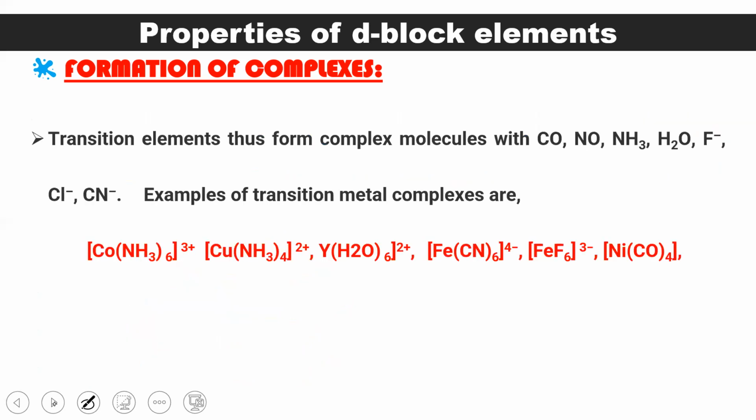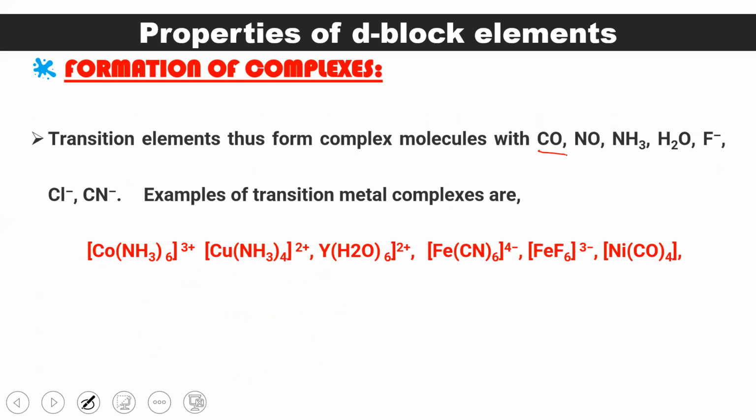See this one. Here are some ligands: carbon monoxide, nitric oxide, ammonia, water, chloride, cyanide, etc. These are some examples of ligands. By using these ligands, the D block elements are involved in the formation of complexes.